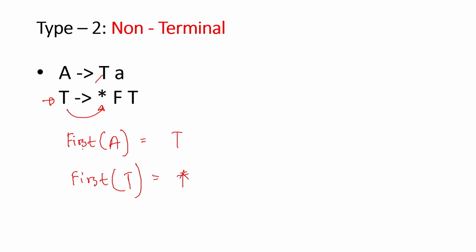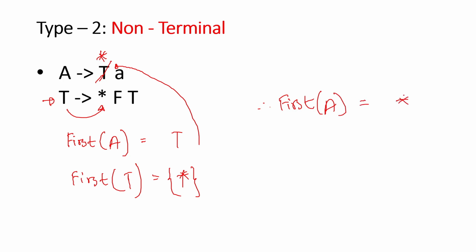Now we are going to replace this one into here, or more likely in here. If we replace the value here, then what is the value? This is a star. So my first of A is now a star. We'll try another problem, but let's see a rule on how we do it.